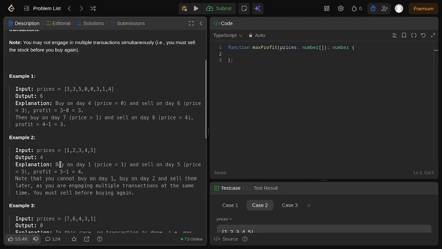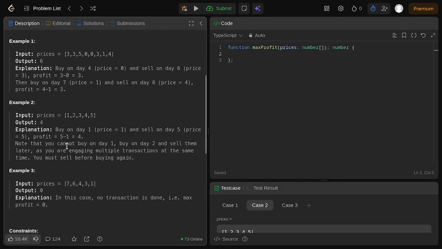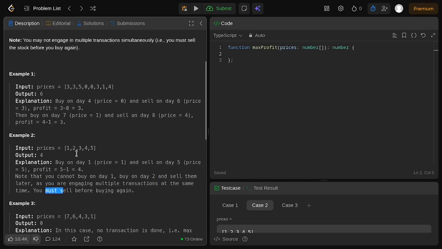For this sample, we buy on day 1 like I explained earlier, and sell on the final day, which is the price of 5. We have a profit of 4. Do take note that we cannot buy on day 1, buy on day 2, and then sell later, as we would be engaging in multiple transactions at the same time. We must sell before buying again.